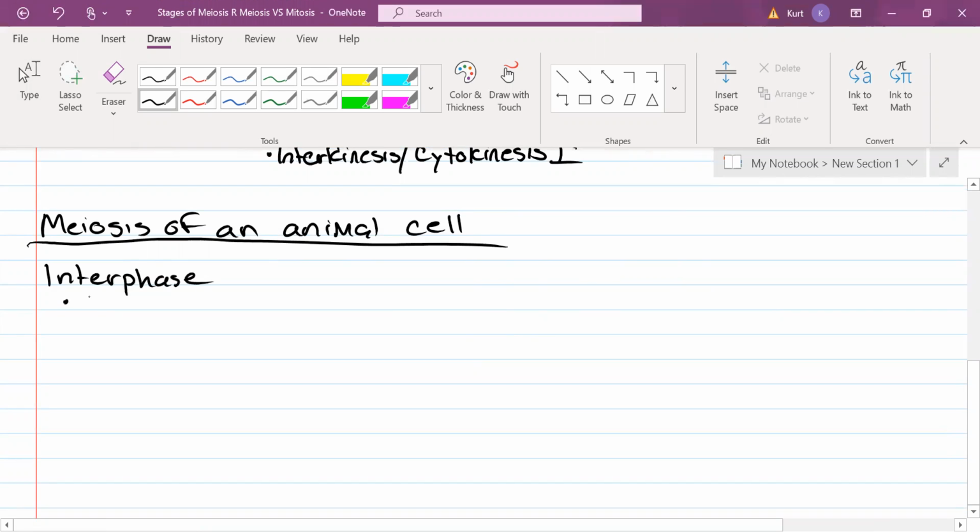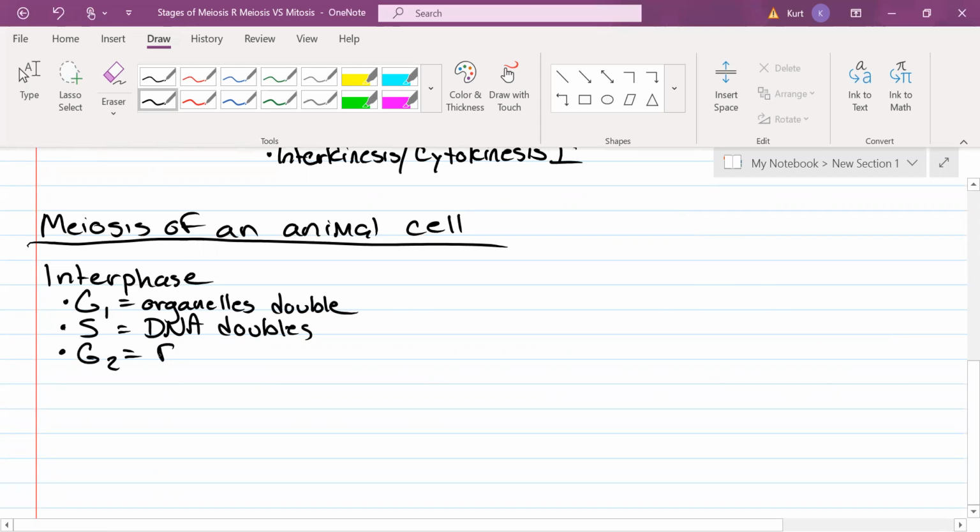And in interphase, you have G1, the organelles double. You have S phase, the DNA doubles. And you have G2, which is when you make your final prep.